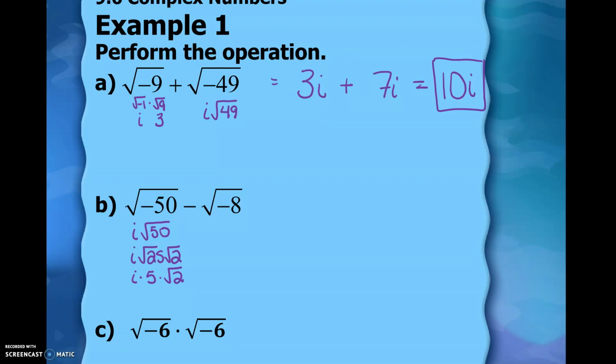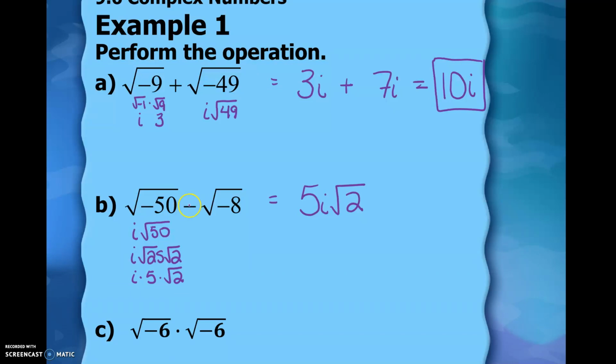So I've got I, I've got 5, and I've got a square root of 2. The correct way to write all of that is 5I square root of 2. Write the whole number piece that's not under a radical. Then write the I, and then finally finish off with whatever is under the radical.